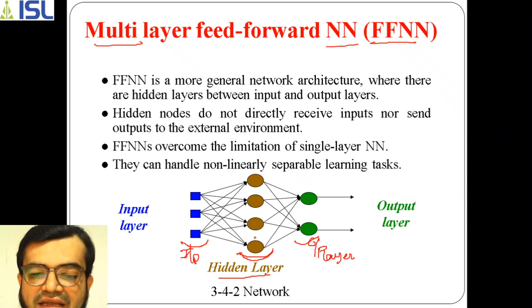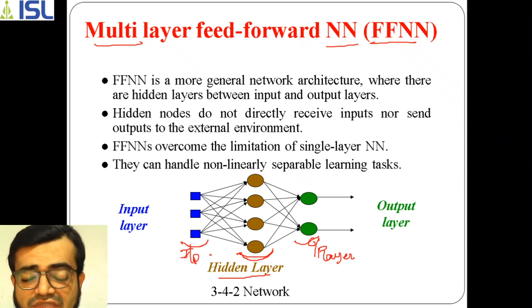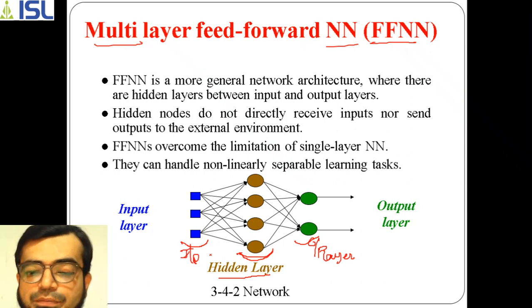This hidden layer is not your input, and it is also not your output layer, but it increases the efficiency of the neural network. The more hidden layers there are in the given neural network, the more accurate output you will get.